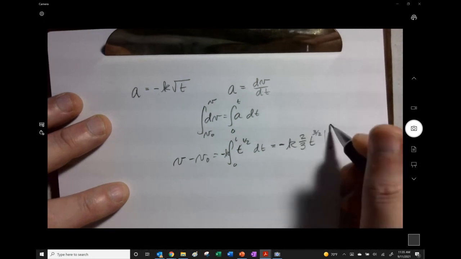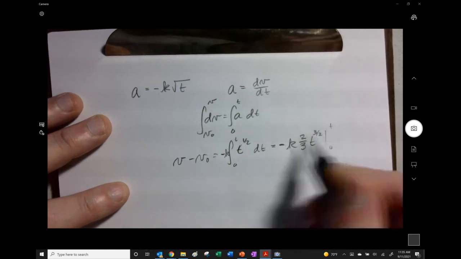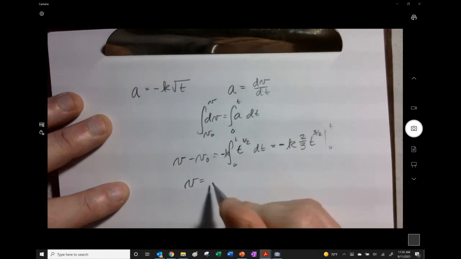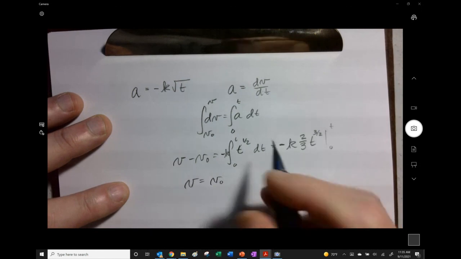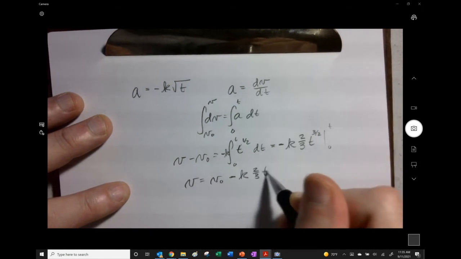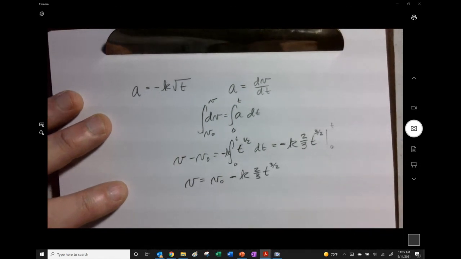And it goes from 0 to t, so then it just equals that, right? So we have an expression now that v is equal to VO minus k 2/3 t to the 3/2.